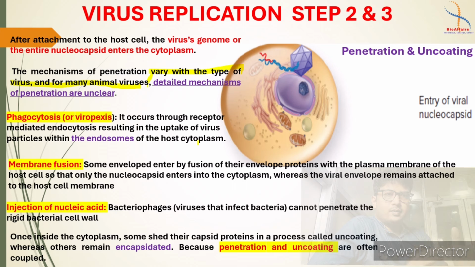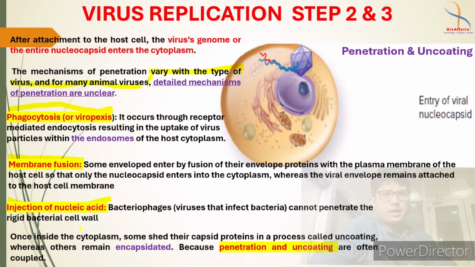Though the detailed mechanism is not yet discovered for every virus, for some viruses highly detailed information is available, and depending on that we can say the virus can penetrate into the animal cell or the human cell by 3 mechanisms. What are the 3 mechanisms? First one is phagocytosis, right? Second one is membrane fusion, and third is injection of nucleic acid.